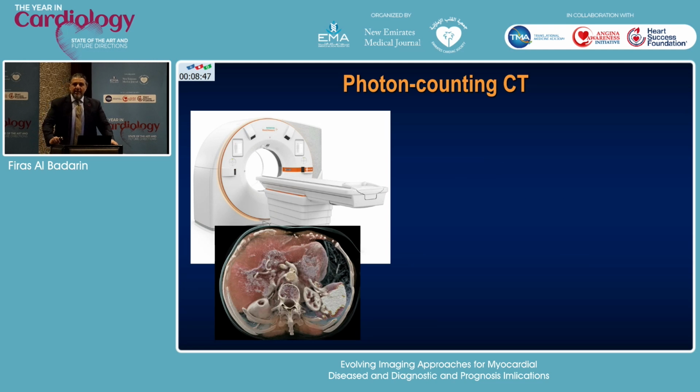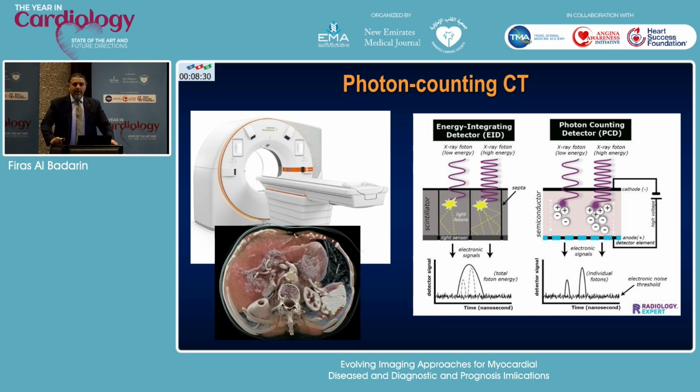Photon counting CT is one of the breakthroughs in imaging, and it is currently available with one vendor. But the premise of this is to improve spatial resolution, and the technological advance here is the availability of photon counting detectors.